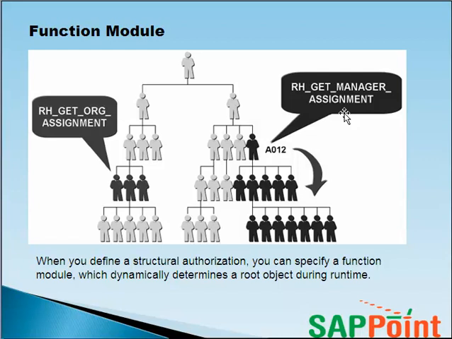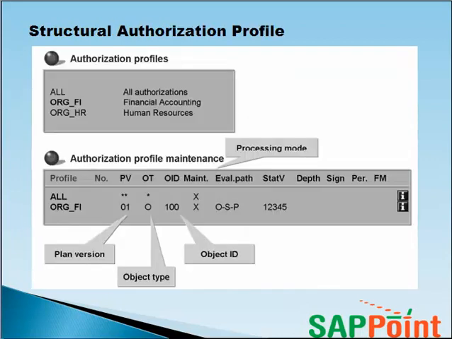Now, with the identified object ID, the system continues with the stored evaluation path in the structural profile. For example, it would be OSP, which determines the organization units, the positions, and the persons that are linked with the root organization unit that has been determined by the function module for the particular user.